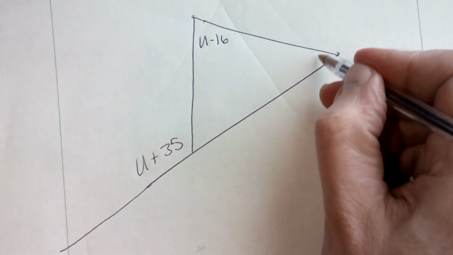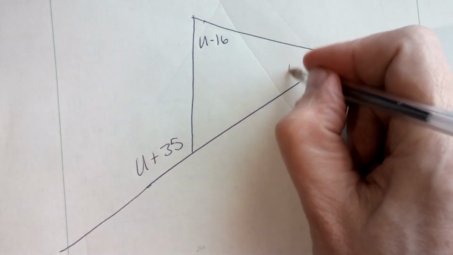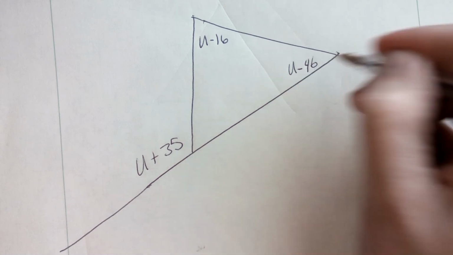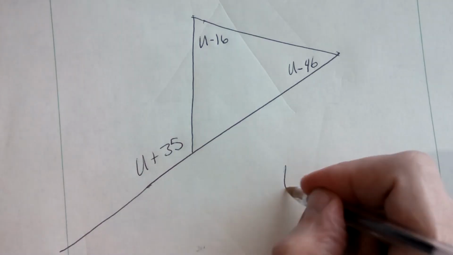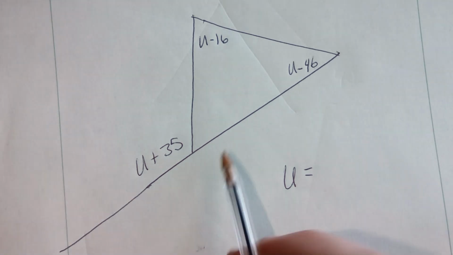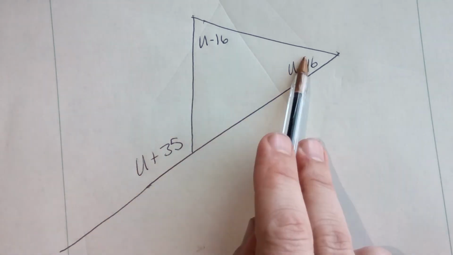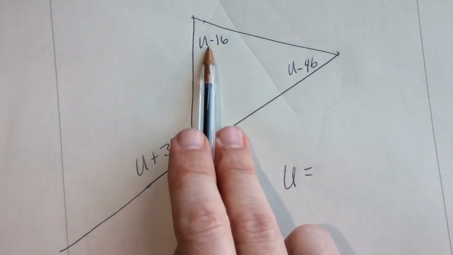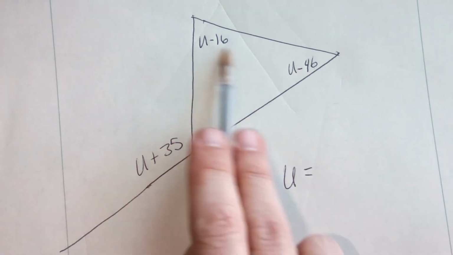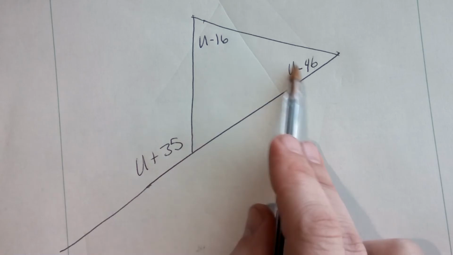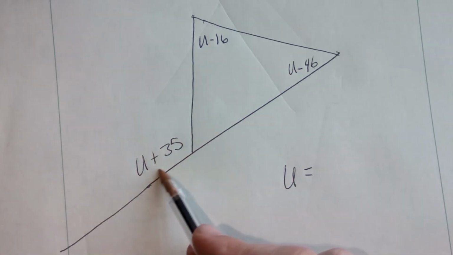And let this inside angle here equal u minus 46. They'll first ask, what's the value of u? And then what are the angle measures? Well, I don't have any angle measures at all, but what I do know is that these two remote interior angles added together will equal this exterior angle.